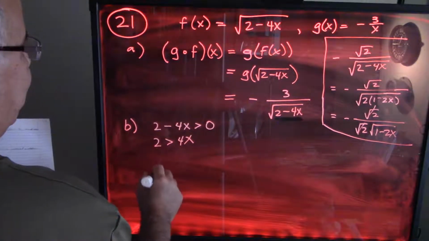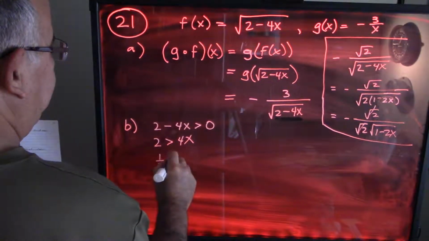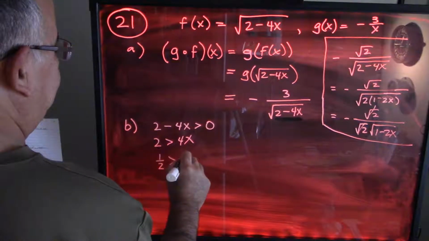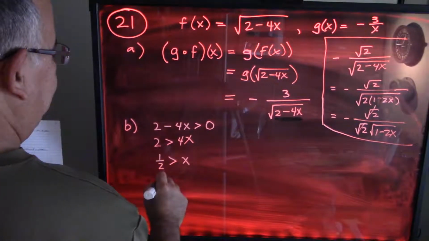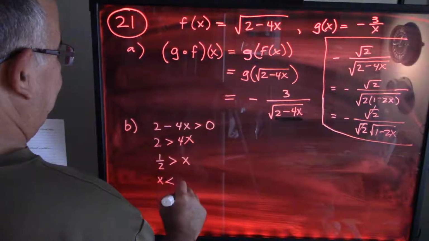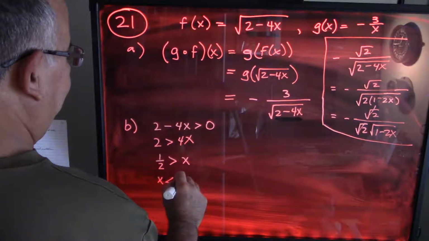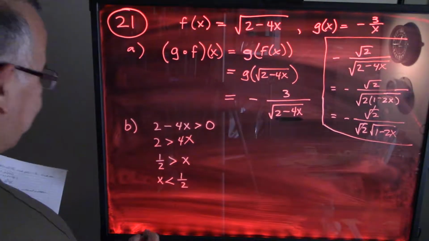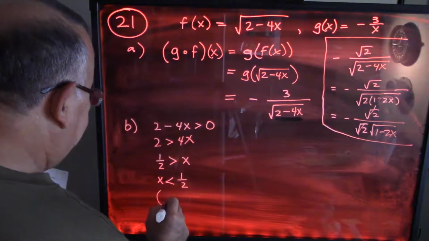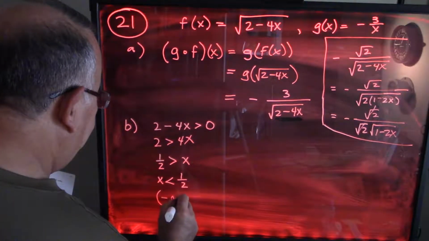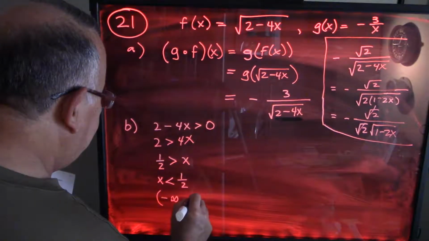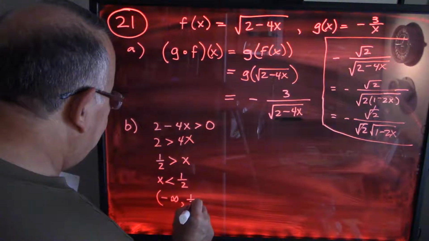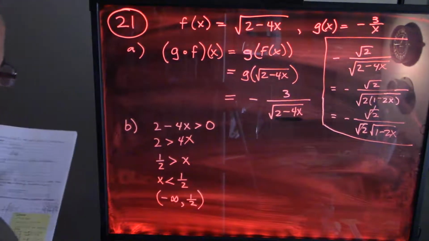So that's 2/4 or 1/2 is greater than x. Or another way of writing it, which is easier to write as a domain, x is less than 1/2. Alright, so writing that as a domain, that's from negative infinity to 1/2, not including 1/2. Alright, like that.